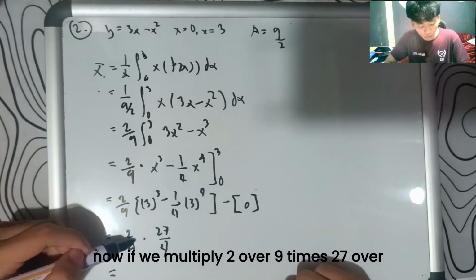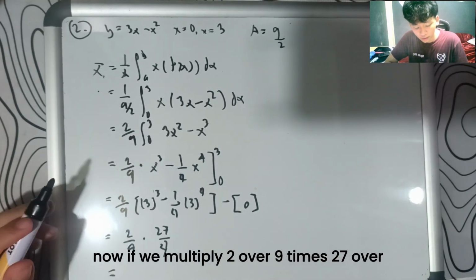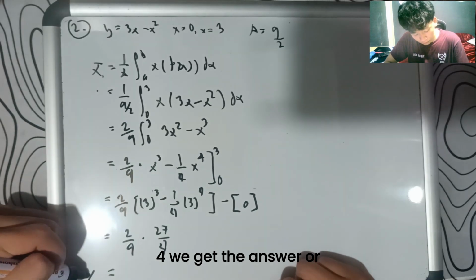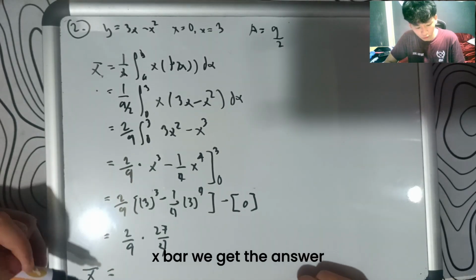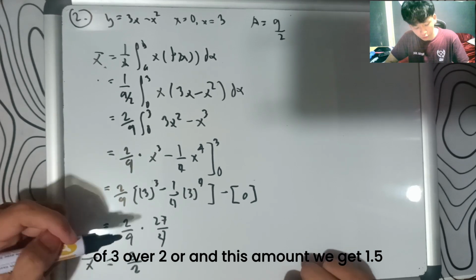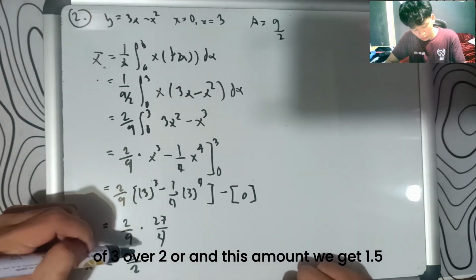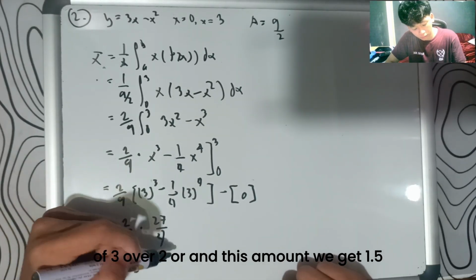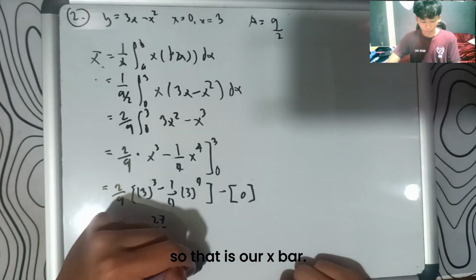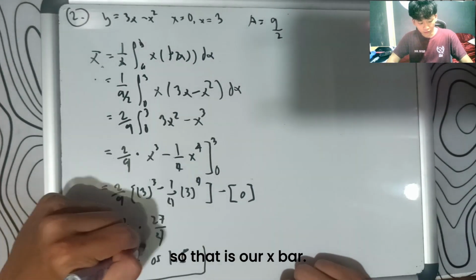Now if we multiply 2 over 9 times 27 over 4, we get the answer for x bar, 3 over 2, or in decimal, 1.5. So that is our x bar.